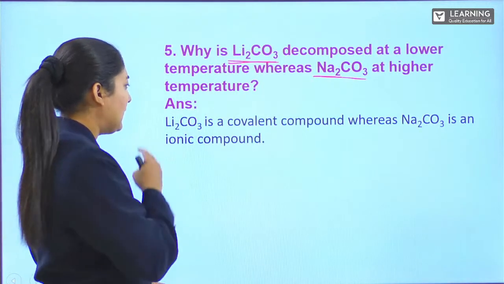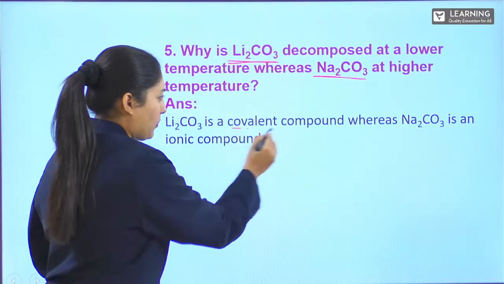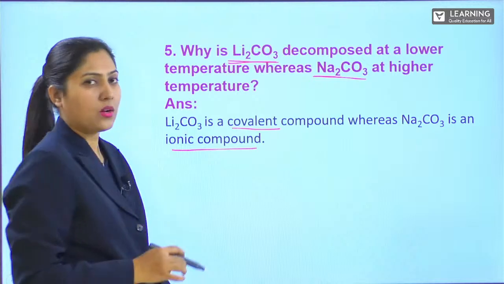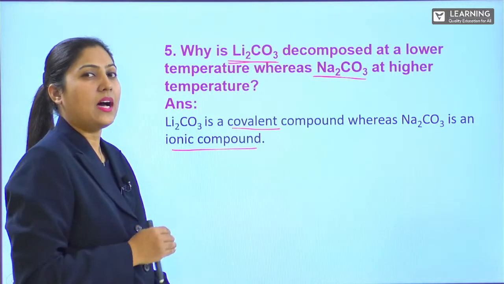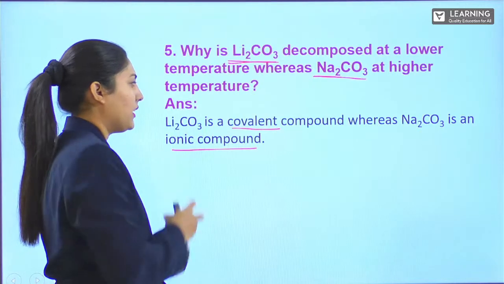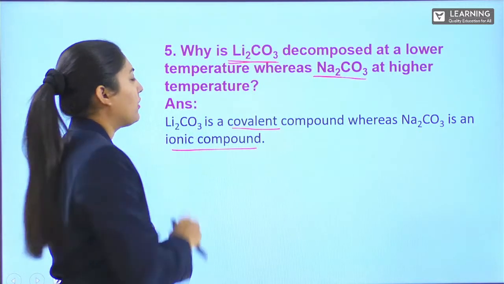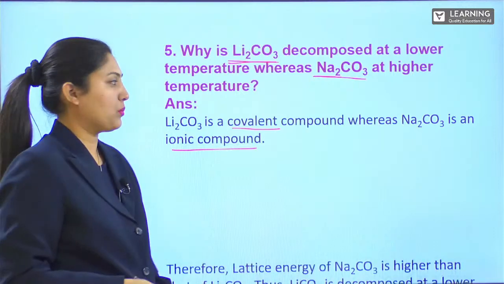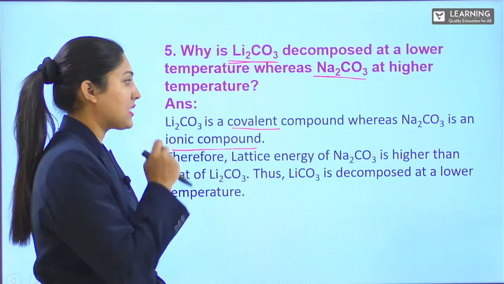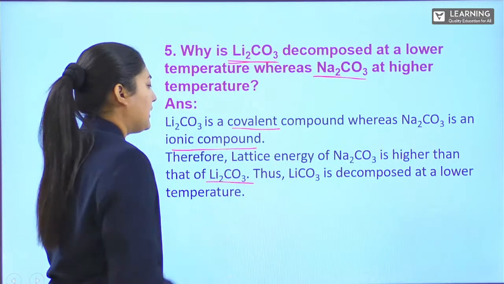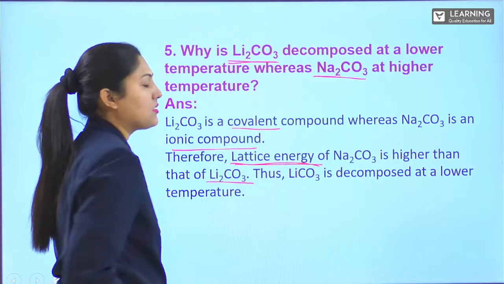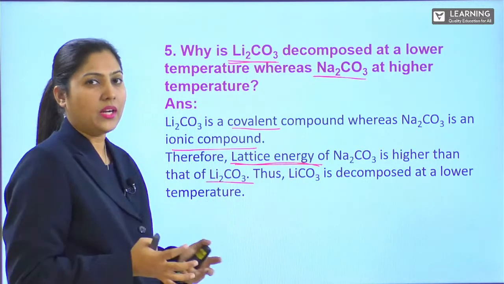Let's see this. Lithium carbonate is a covalent compound, whereas sodium carbonate is an ionic compound. So covalent compounds are less stable than ionic compounds. If you provide a little bit of heat energy, covalent compounds decompose. Therefore, the lattice energy of sodium carbonate is higher than that of lithium carbonate. This is important now. Lattice energy means the energy required to form that molecule.